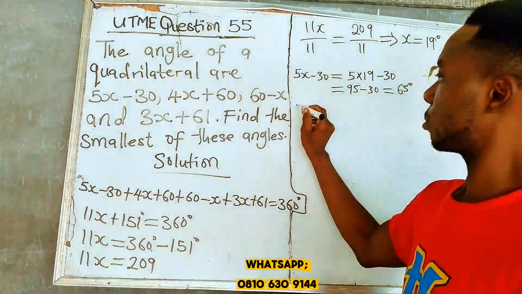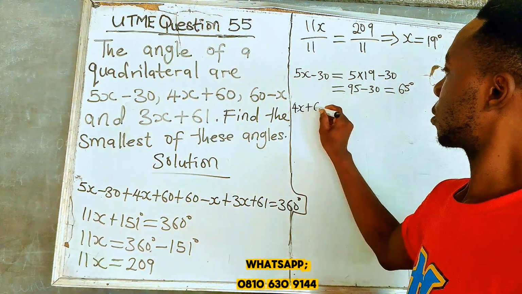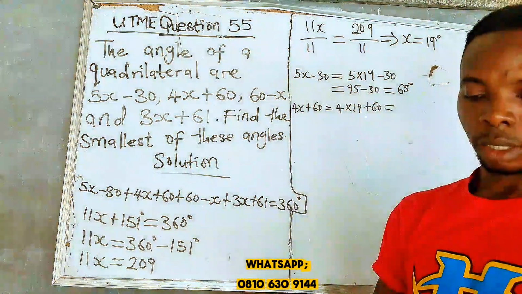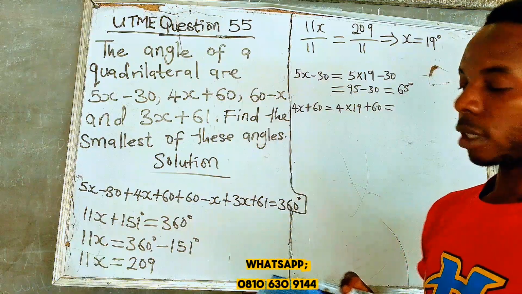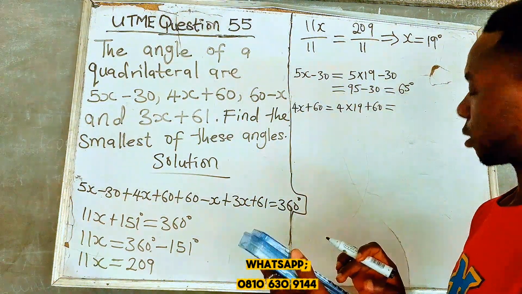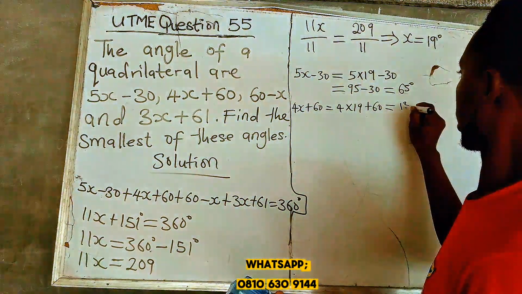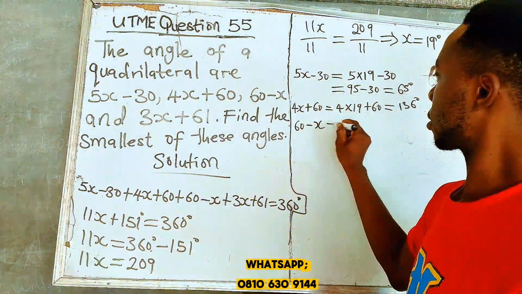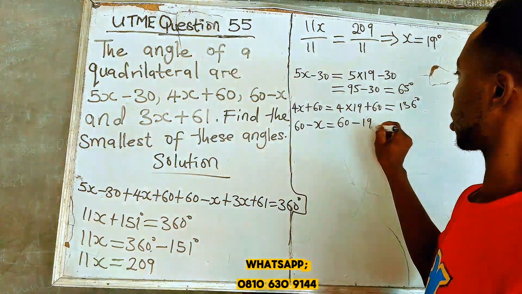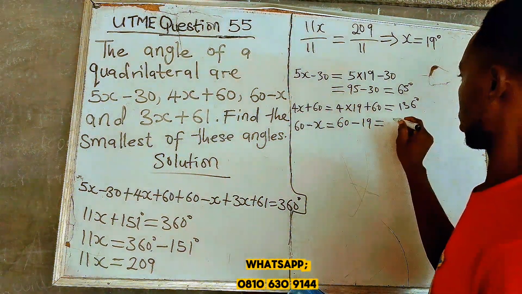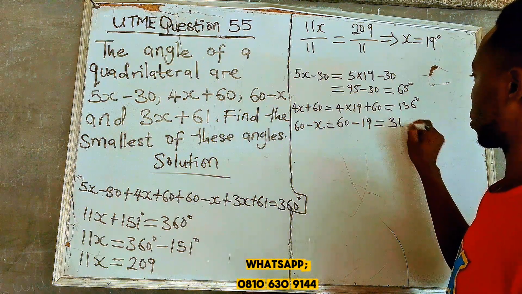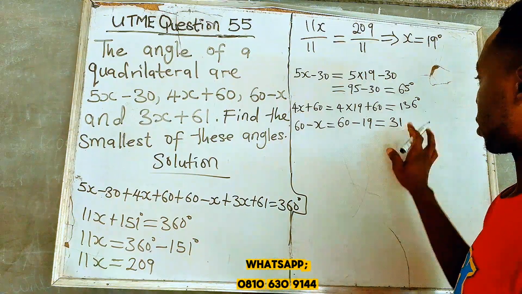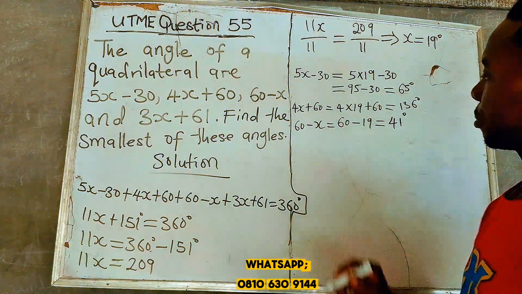So the next one is 4x plus 60, which is equal to 4 times 19 plus 60. 19 times 4 is 76, plus 60 is 136. So 60 minus x is 60 minus 19, which will give us 41.